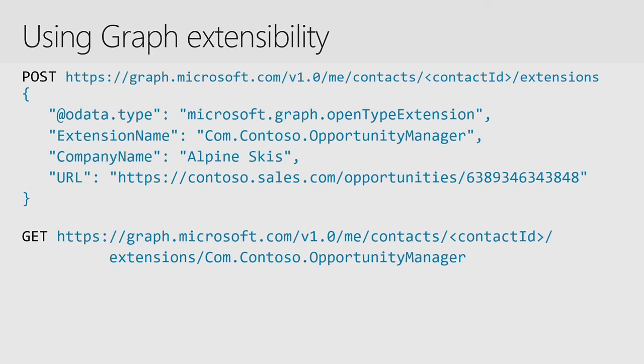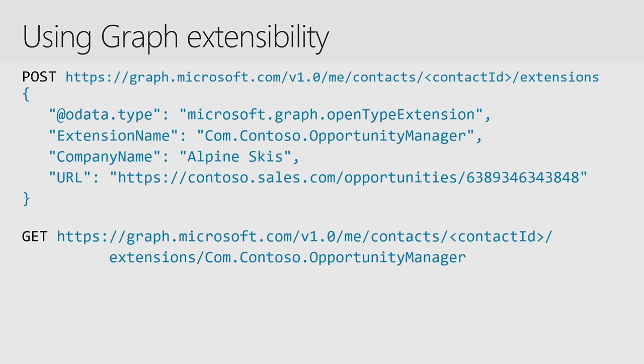Here it's something very simple. We're adding to a contact information about our sales opportunity. We have a line of business app that manages information about the sales opportunity with a particular company, and we can link that back to the contact. So it's right there in our Outlook, and our app can access it and pull that data.